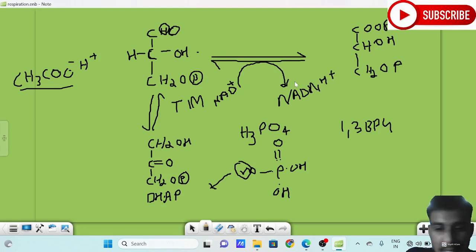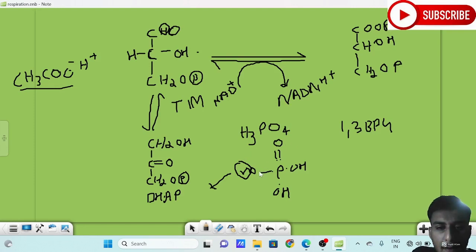I know it is a little bit boring for you because it is the biochemistry part, but if you understand this, you can understand glycolysis very easily. So NAD accepts and forms NADH2. It undergoes reduction, and the phosphate group is donated by H3PO4 or phosphoric acid.